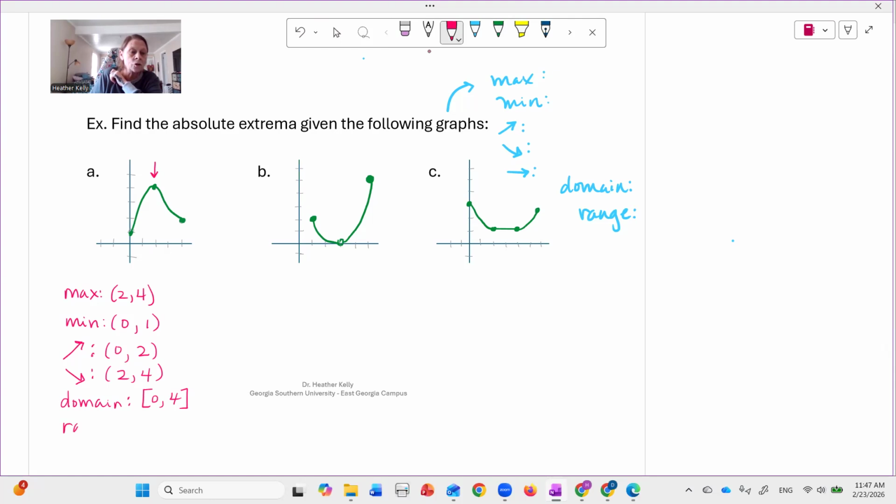And our range, again, is the only thing we do with y. Start from the bottom and go up. It's the y value, so our range is 1 to 4. All right.